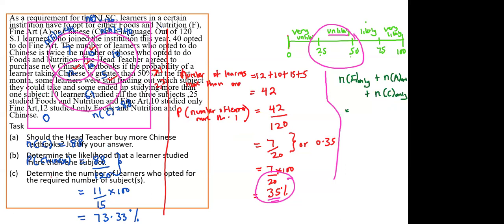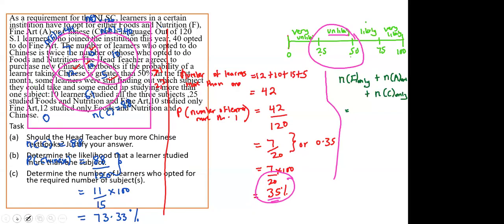Because this side up, they said that as a requirement for the NLSC, learners in a certain institution have either foods and nutrition, F, or fine art. Yeah, they wanted it for all.